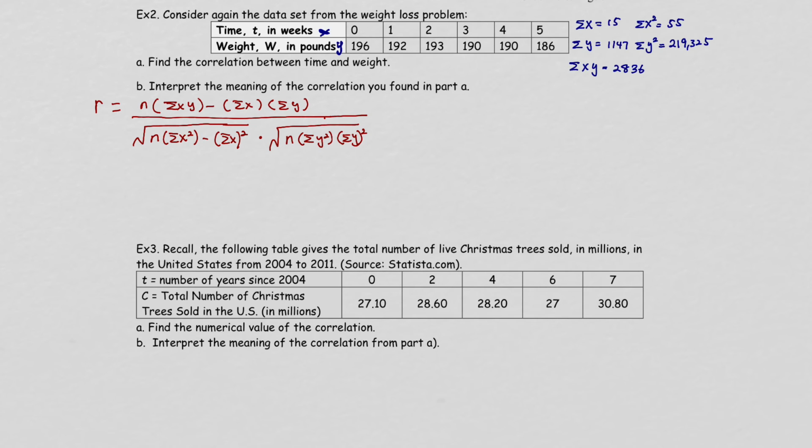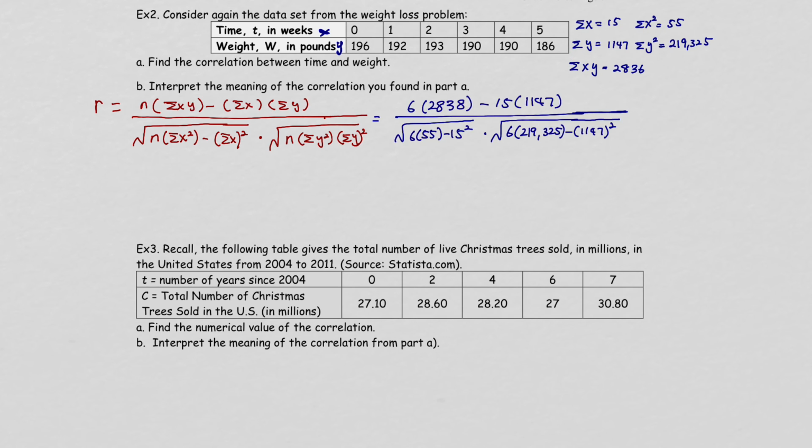If you go back to that previous section, you can see summation of x was 15, summation of x squared was 55, summation of y was 1,147, summation of y squared was 219,325.